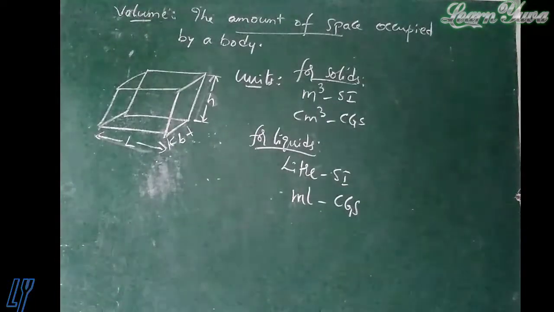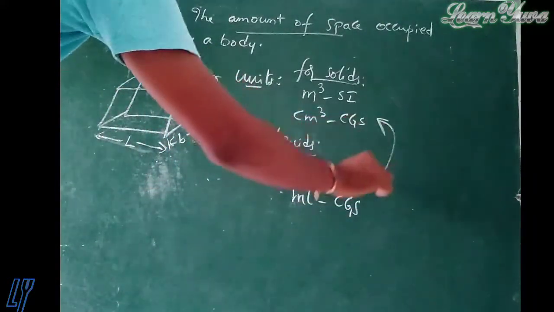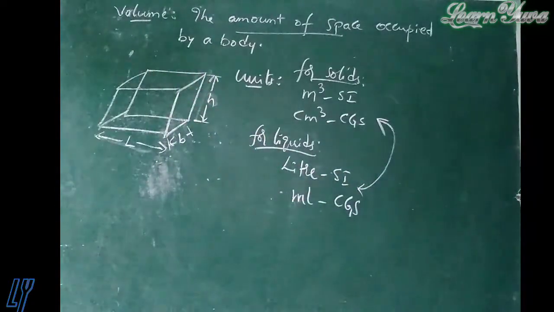If you observe here, there must be a relation between solids and liquids, because we need to convert how much volume is occupied by a liquid stored in a container, for example.